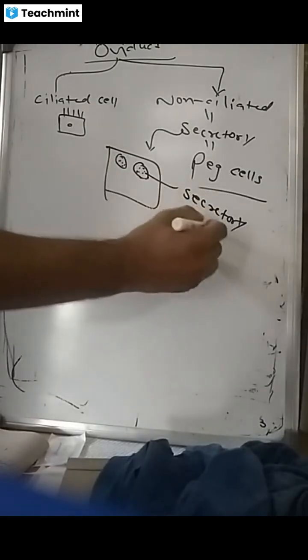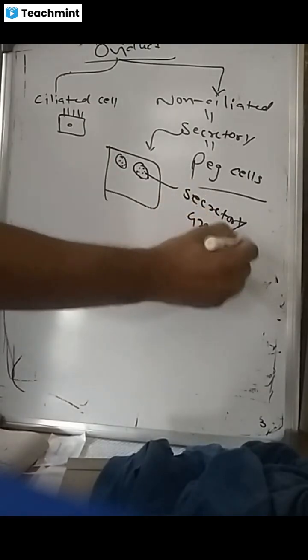Secretory means these cells have secretory granules. The mode of secretion is merocrine.